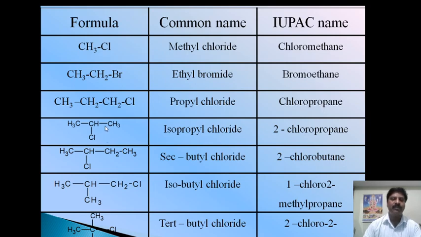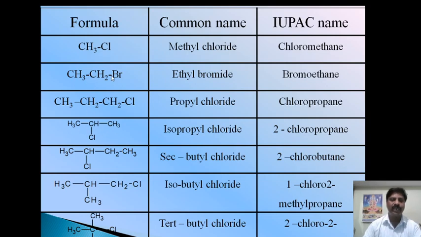Then suppose the chloro group is present at the second carbon atom, then we say it is isopropyl chloride. Here three carbon atoms are there, and the chloro group is present at the secondary carbon atom, therefore we call it isopropyl chloride. Or by numbering, you have to select the longest possible chain.